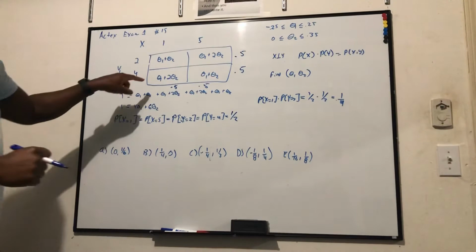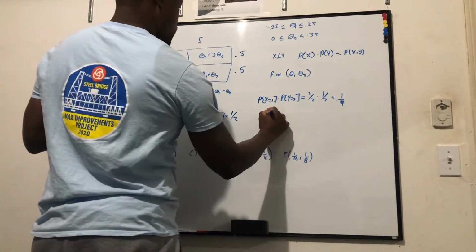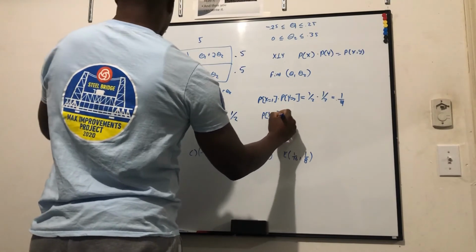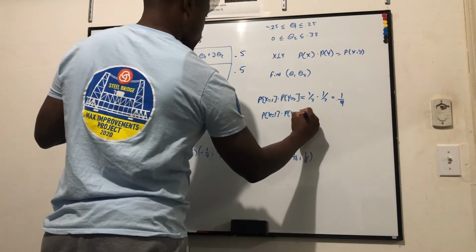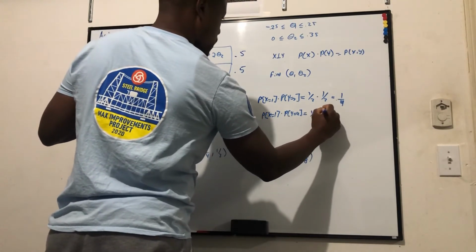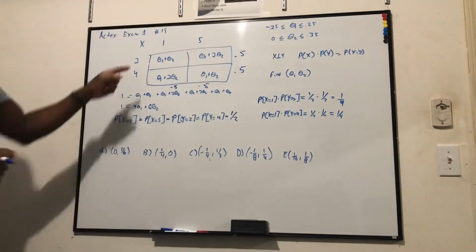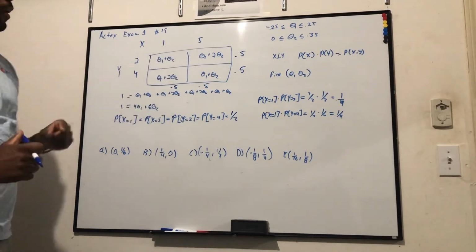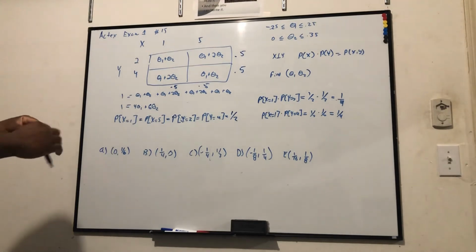But let's see this one: the probability of X equals 1 times the probability of Y equals 4. Same probability. Okay, cool. So now we know that all these ones are equal to a quarter. Great.